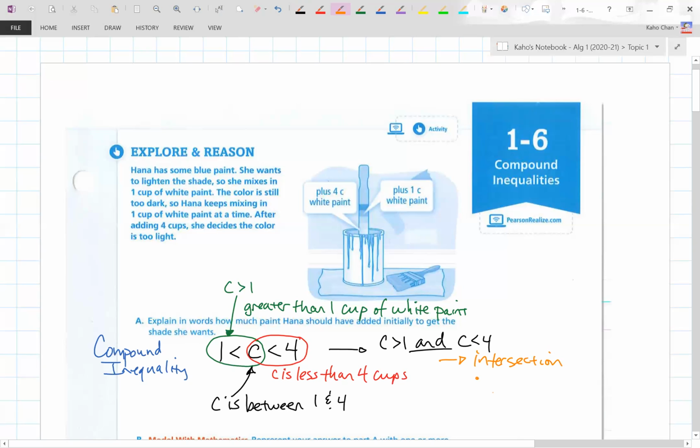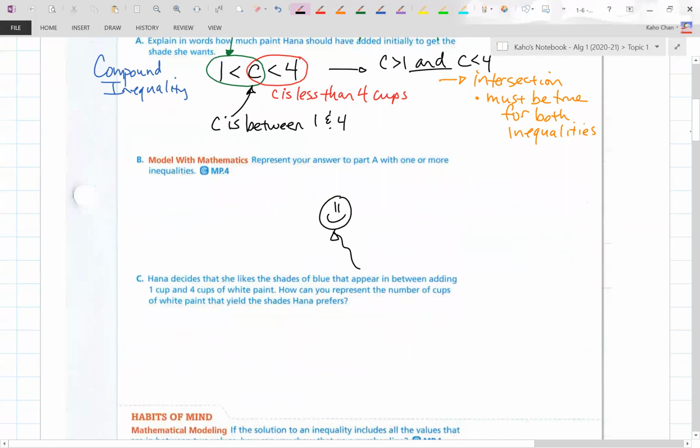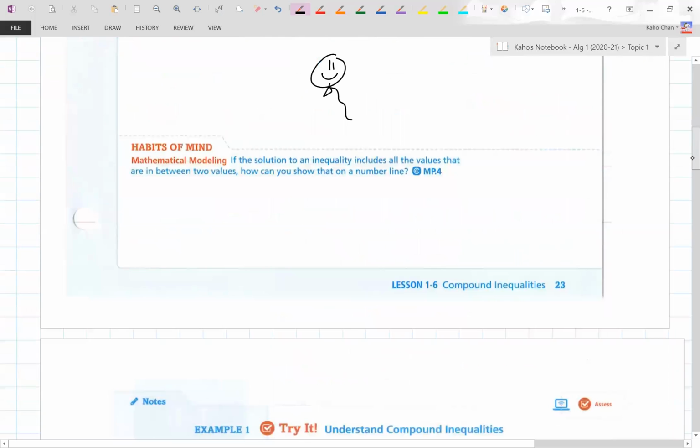It must be true for both inequalities. I think that's a good start for this section. I am going to skip the next few questions on this page. Let me know if you have any questions about betweenness.